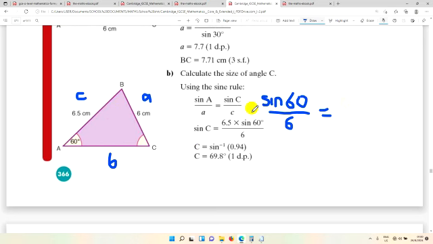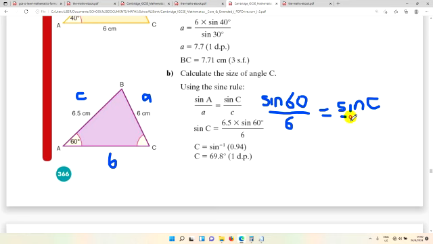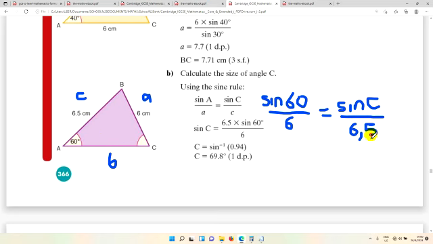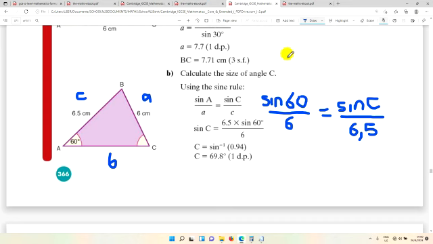Then sine C over what is the value of c? So we multiply both sides by 6.5, then take 6.5 times sine 60 to give us the value.